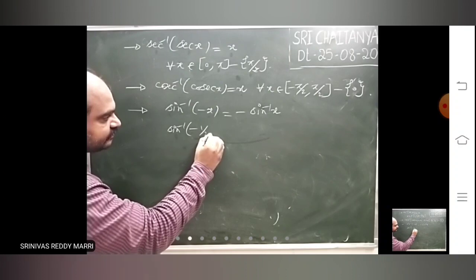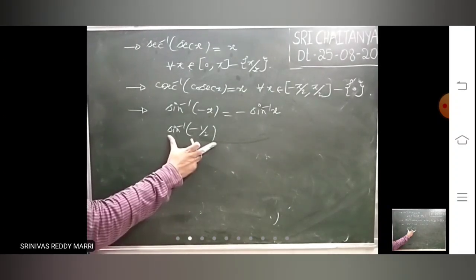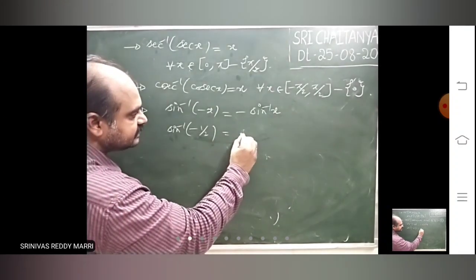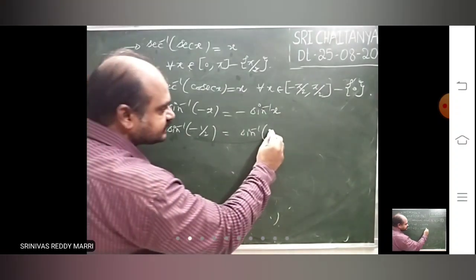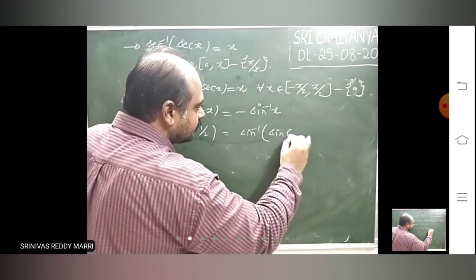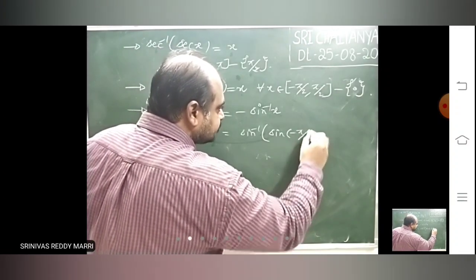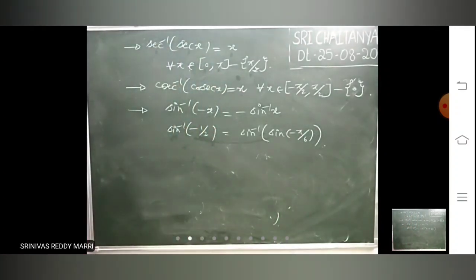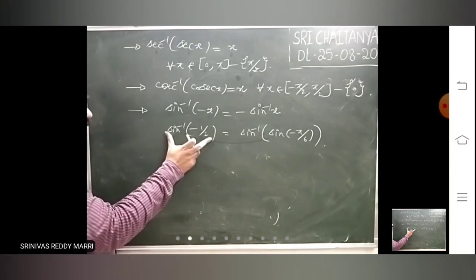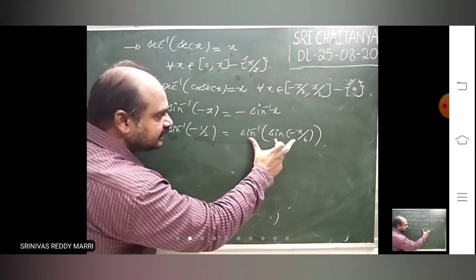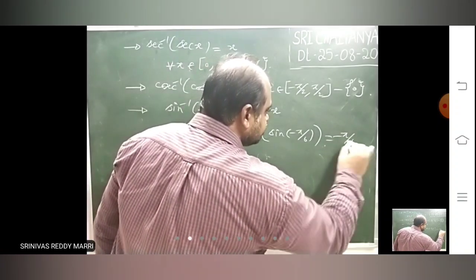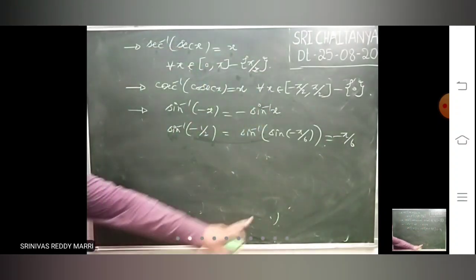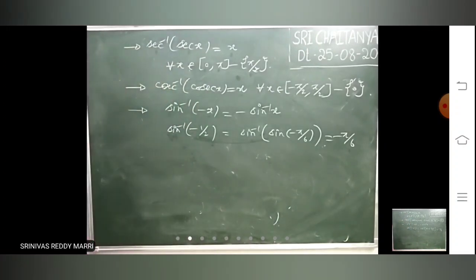Suppose sine inverse minus 1 by 2 is there, right? You can write it as sine inverse sine of minus pi by 6. Therefore, this value is what? Minus pi by 6.